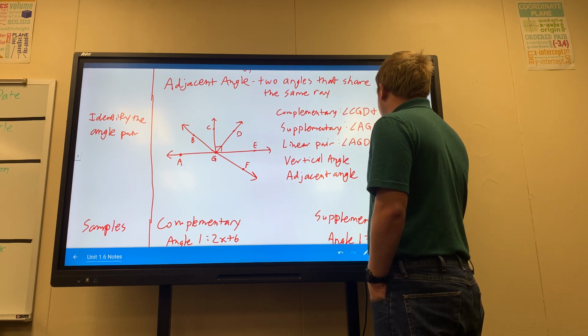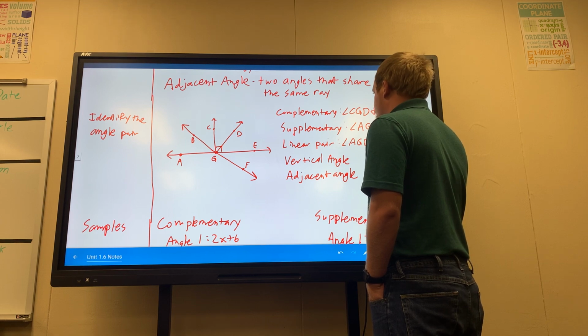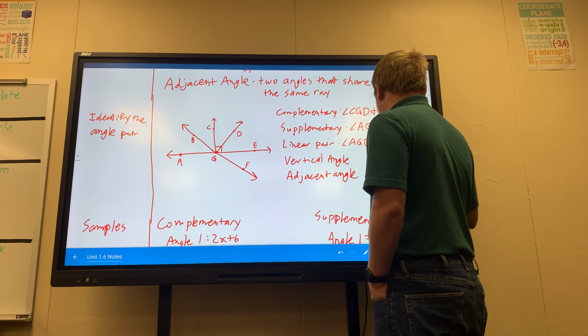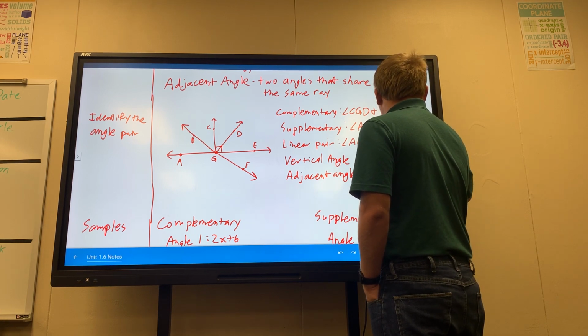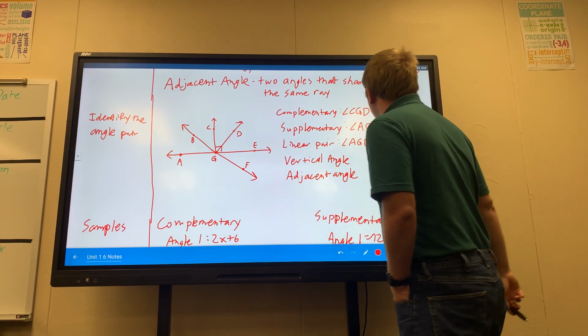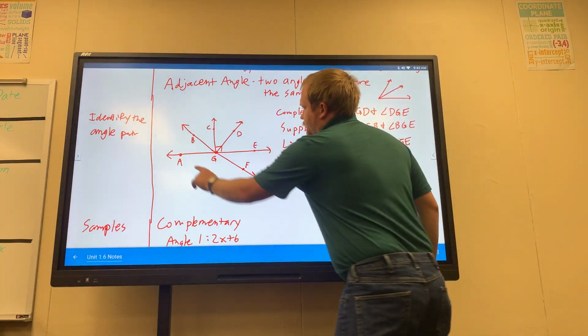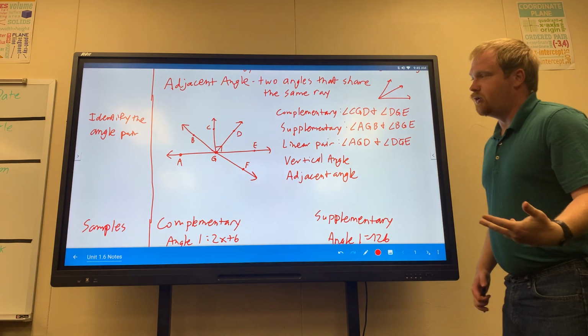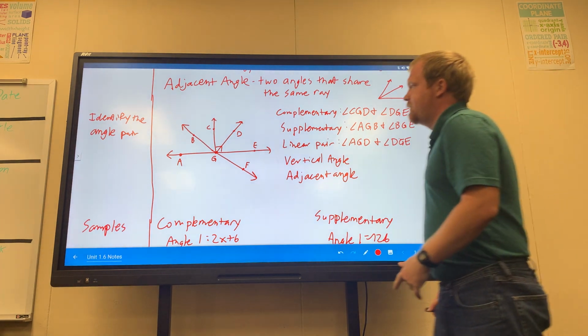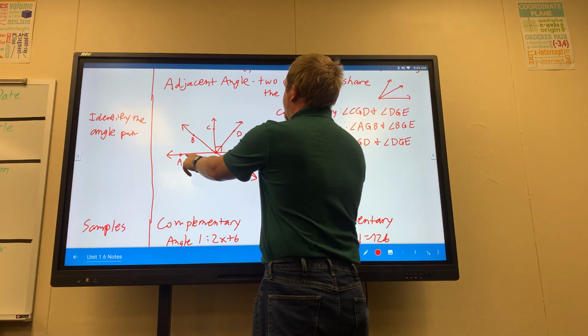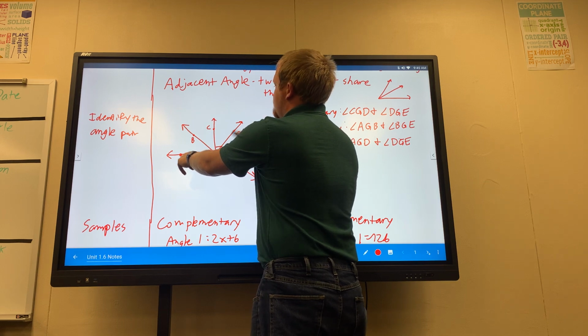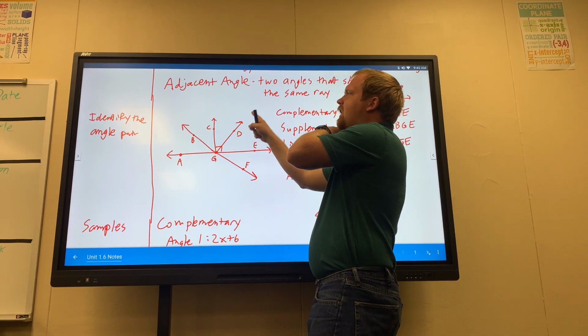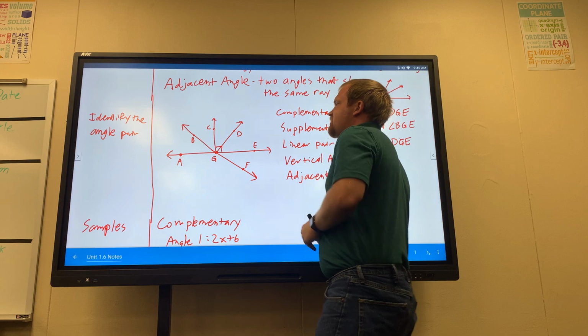AGD and angle DGE. Okay? So AGD, DGE will be one sample of linear pairs. Because notice how I got this line right here, and I got a ray extended. And they both share a common ray. So that makes it adjacent.